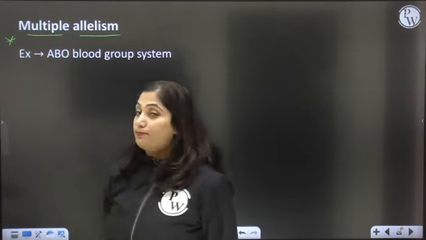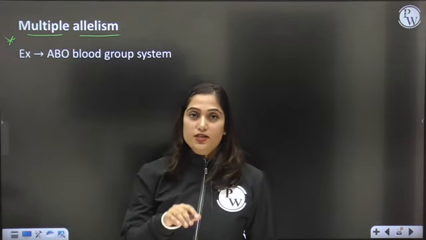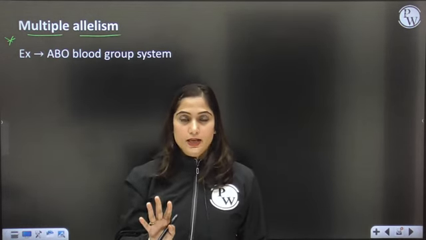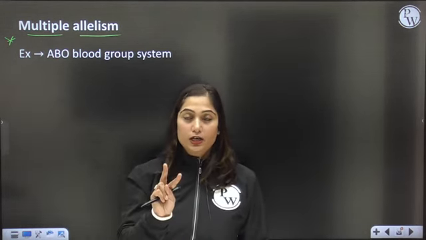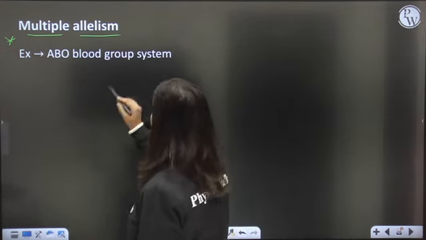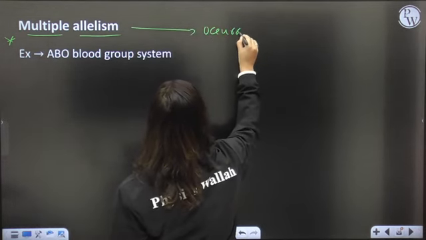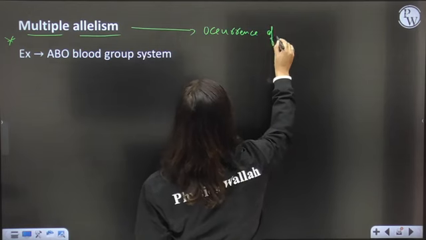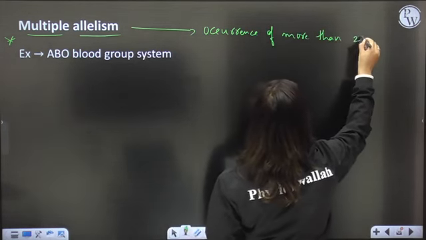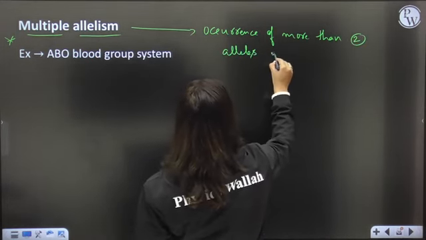Multiple allelism. I've just told you that generally there are two forms of a same gene, right? That means there are two different alleles of a same gene generally. But what is multiple allelism? Multiple allelism is occurrence of more than two alleles of a gene.